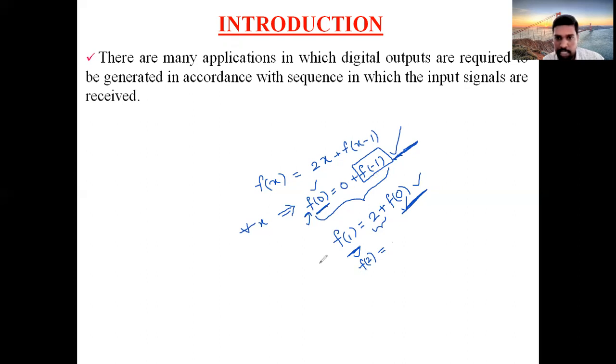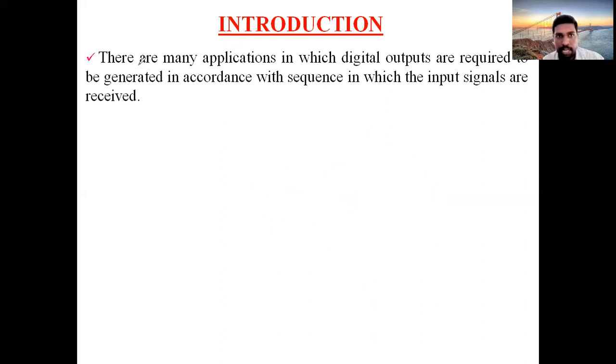The circuits in which the output depends on the present input as well as the past output are called sequential circuits. There are many applications in which the digital outputs are required to be generated in accordance with the sequence in which the input signals are received. Suppose you want to find the current function, you need to know the output of the previous function.